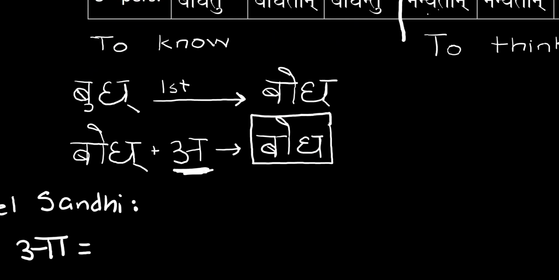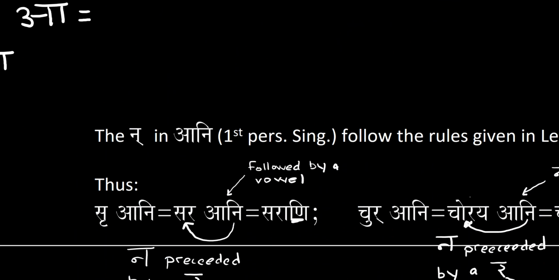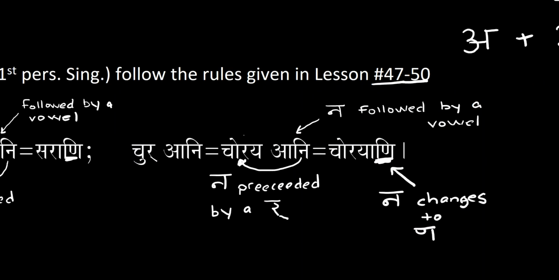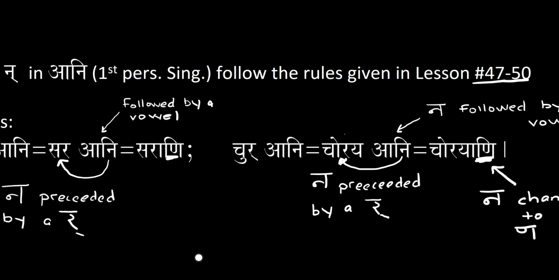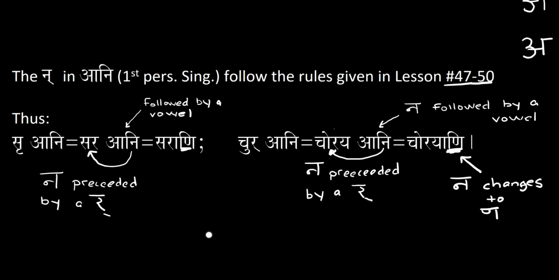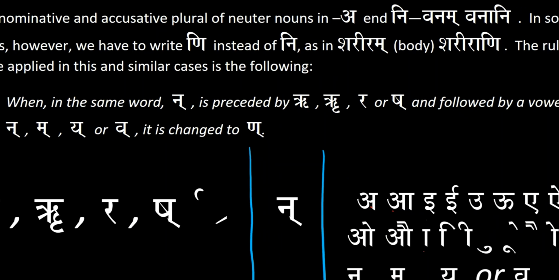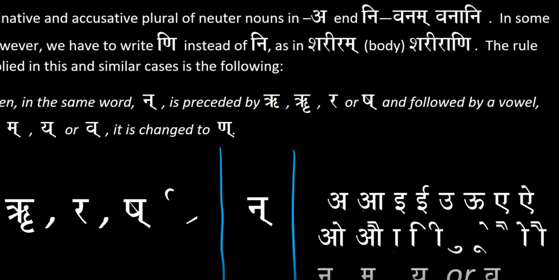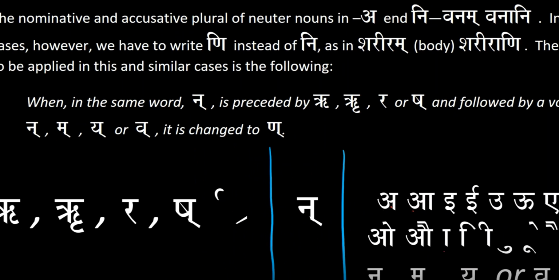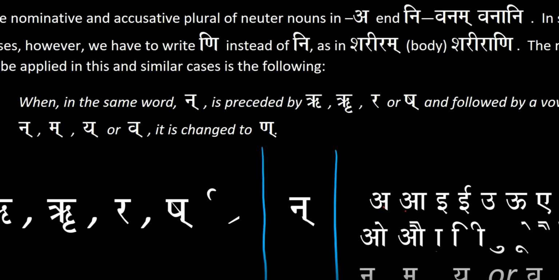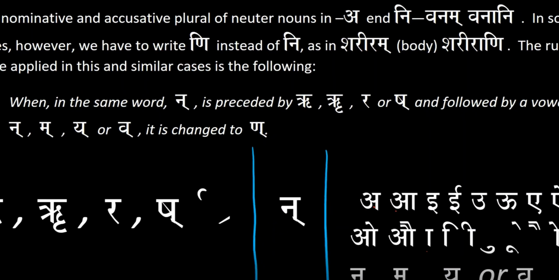And now I want to go over a sandhi rule that we went over previously in lessons 47 to 50. That sandhi rule was as follows: when in the same word na is preceded by ri, long ri, ra, or sha, and followed by a vowel, na, ma, ya, or va, that dental na is changed to a cerebral na.